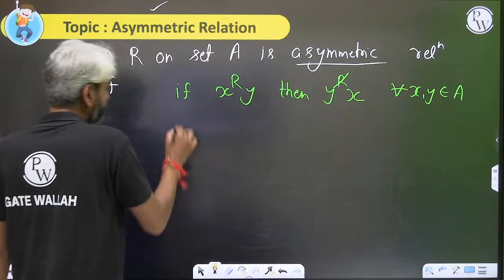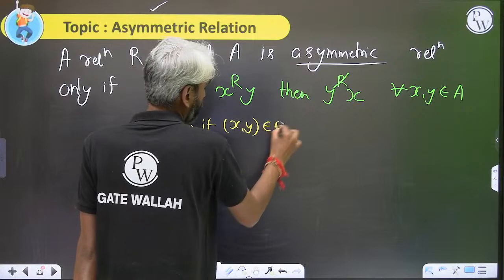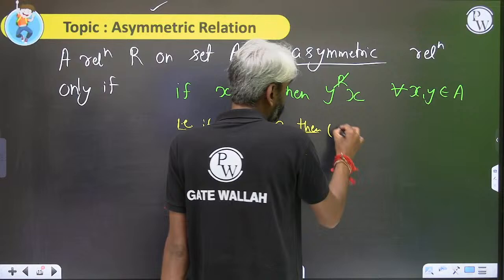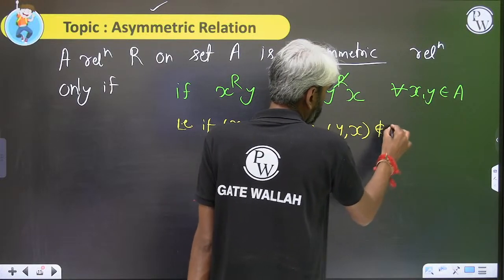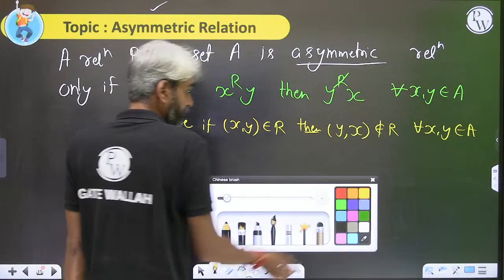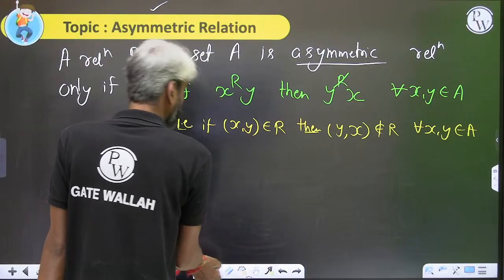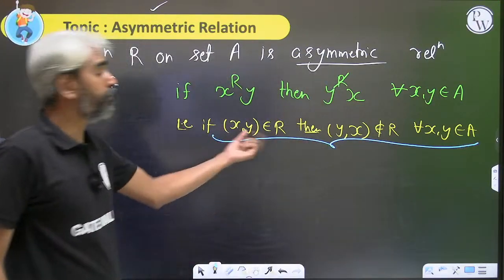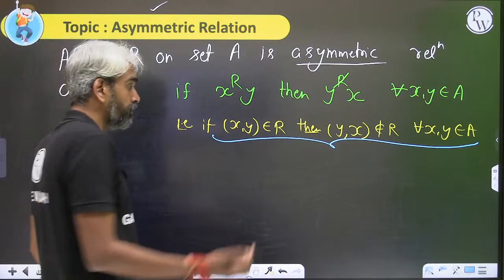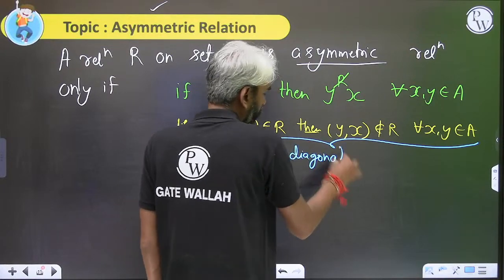It says that if x comma y belongs to R, then for any such x comma y, y comma x should not belong to R. It's a general definition: if x comma y belongs to R, then y comma x should not belong to R even if x is equal to y. So it says that diagonal ordered pairs are not allowed.